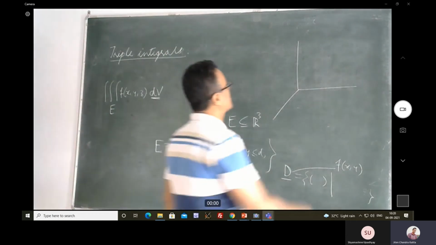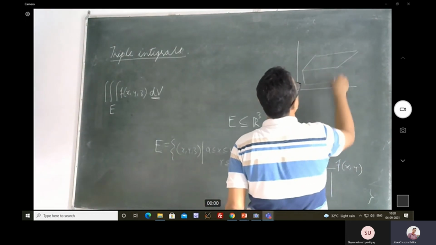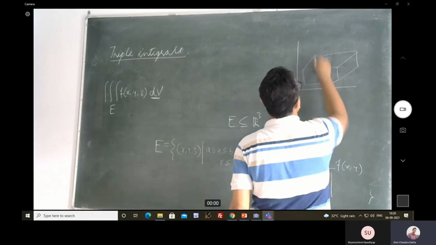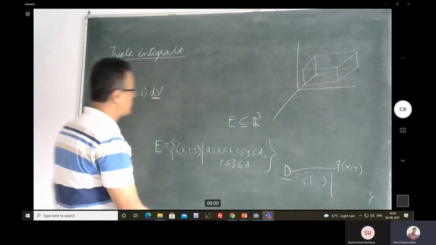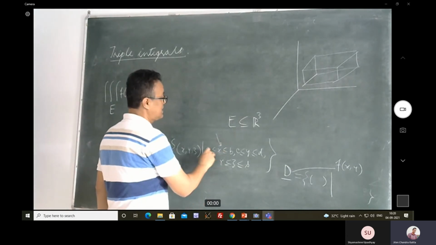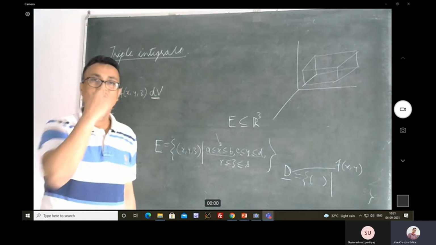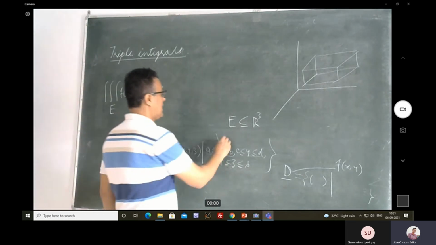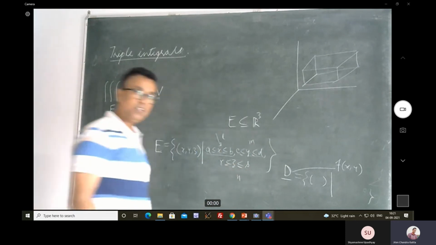So here we are going to consider a rectangular box whose dimensions have already been given. Then, as before, we are going to divide the intervals AB, CD, and RS into sub-intervals, maybe n number of intervals.